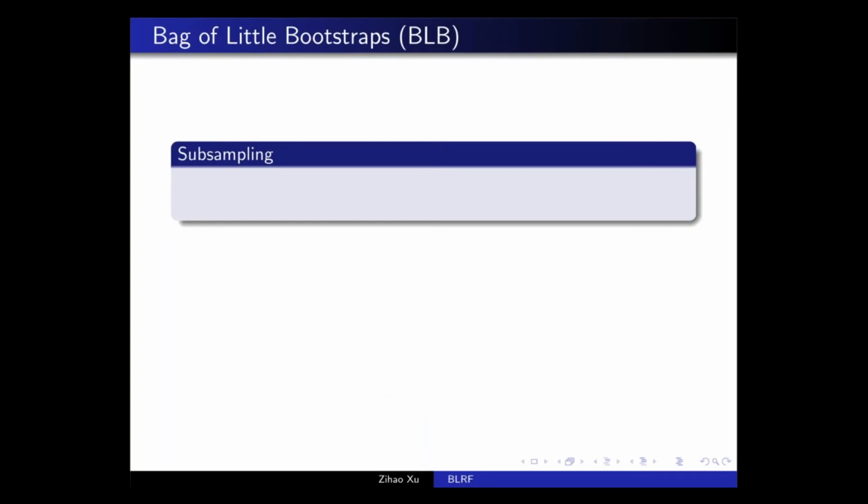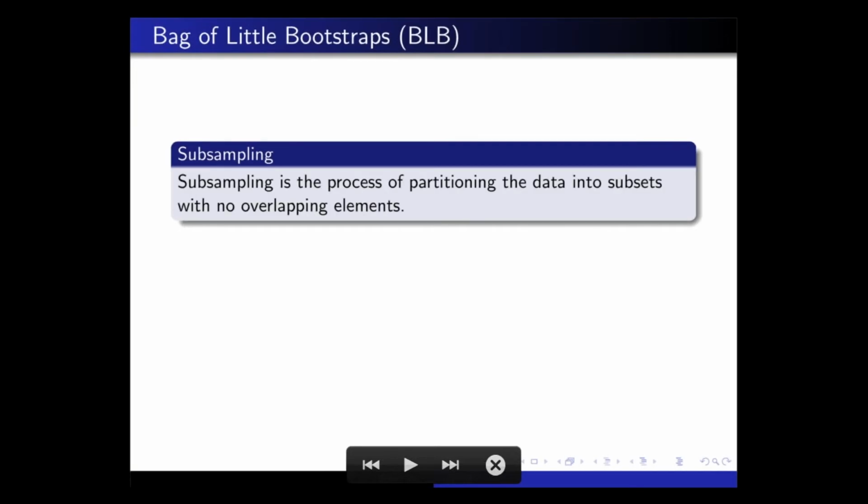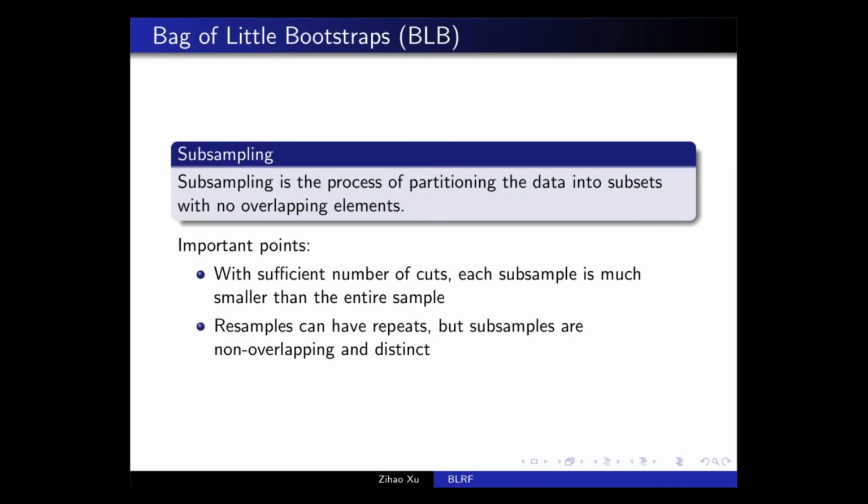And now we're ready to talk about Bag of Little Bootstraps, which is a standalone method different from random forest. It is a resampling method. We need to start by talking about what's called subsampling. Essentially, subsampling is the process of partitioning the data into subsets with no overlapping elements. There are two important points to realize.